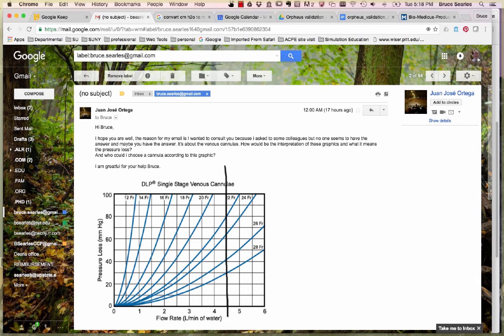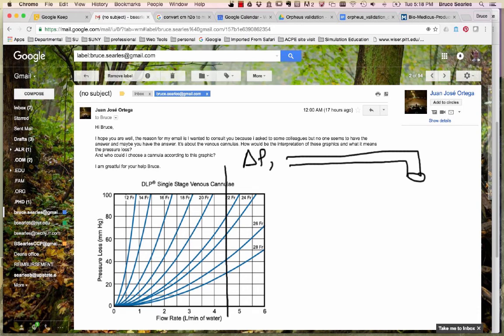Now the other question is, what is this pressure loss thing? Pressure loss is also called delta P, or perhaps pressure gradient, and it is referring to the pressure. This is your cannula.